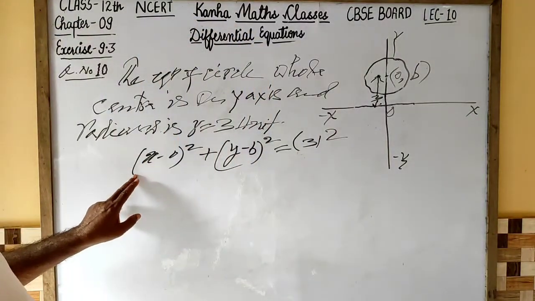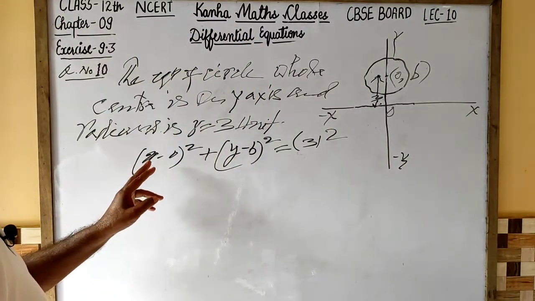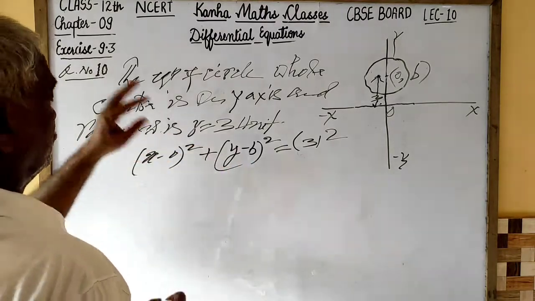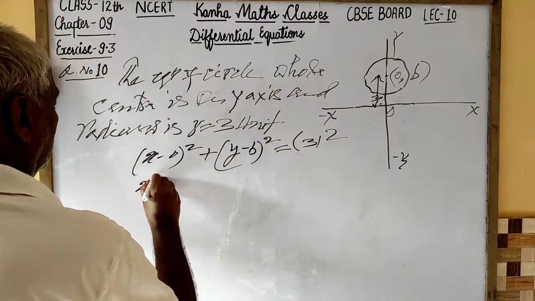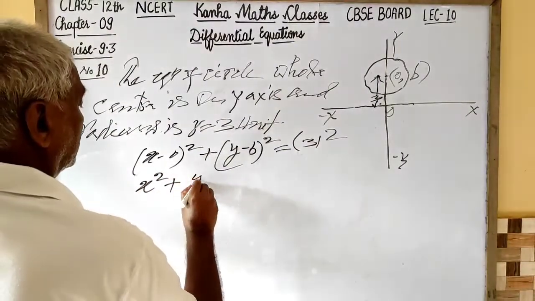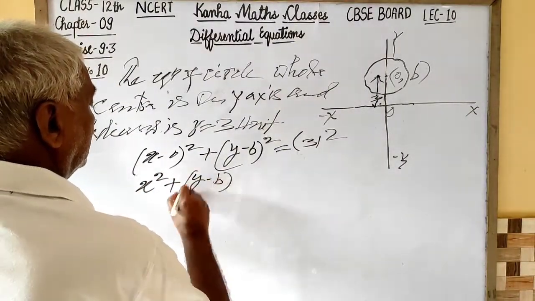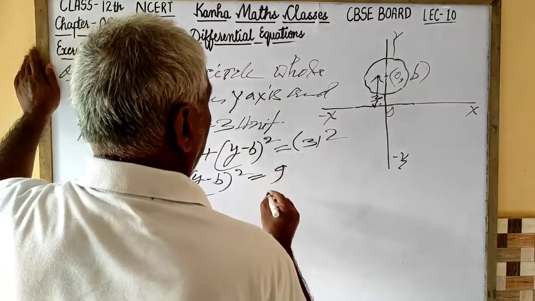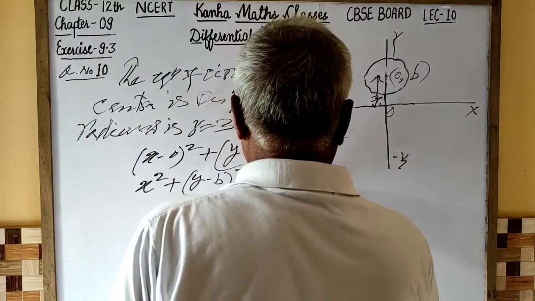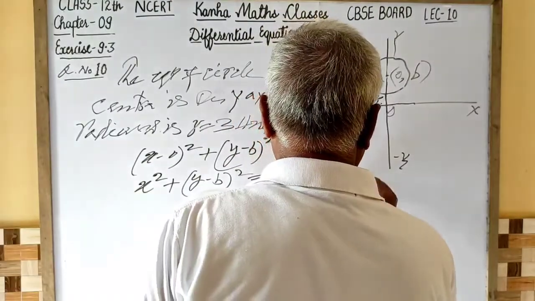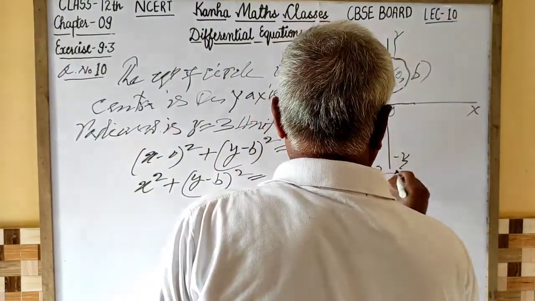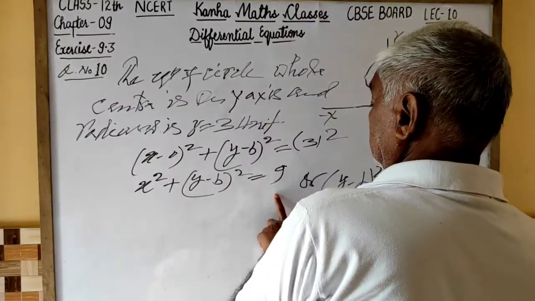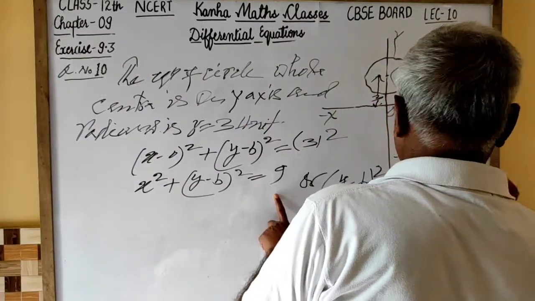The equation of the circle will be x minus 0 whole square plus y minus b whole square equal to 3 square, or x square plus y minus b whole square is equal to 9, or y minus b whole square is equal to 9 minus x square.